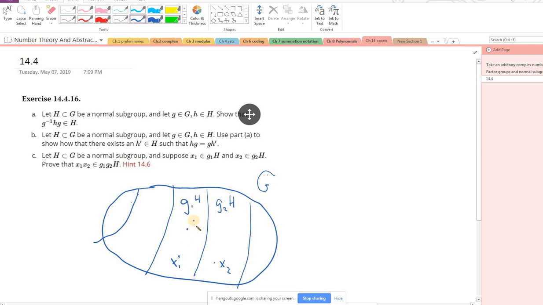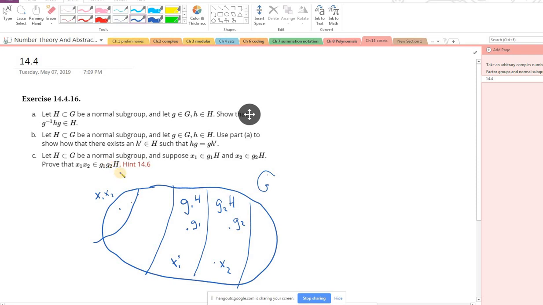So G1 is here. And G2 is here. All right, so we have this situation, and then X1, X2 is somewhere. We don't know where it is. It could be anywhere. So let's just put X1, X2 over here. Okay. Now what we want to do is show that X1, X2 is in G1, G2H.